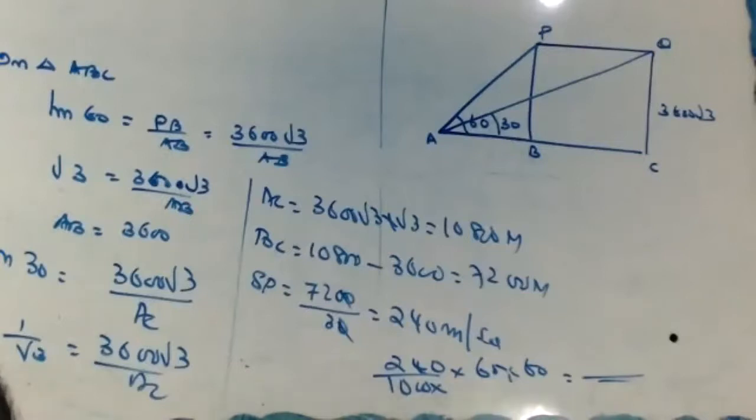Once again, listen. The angle of elevation of a cloud from a point 60 meters above a lake is 30 degrees, and the angle of depression of the reflection of the cloud in the lake is 60 degrees.